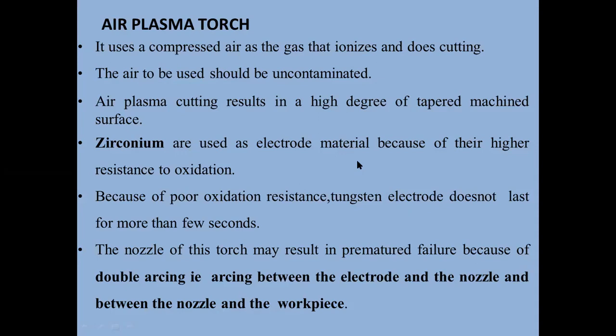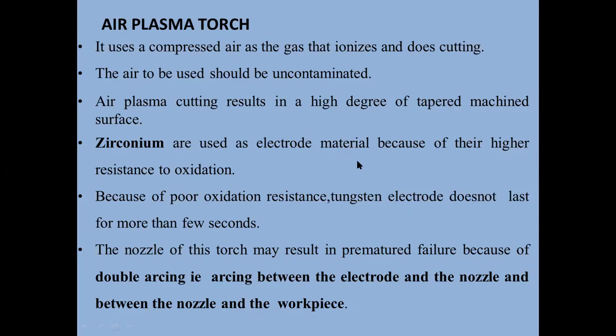At what locations do these two arcs form at a time? There is an arc between the electrode and the nozzle, and between the nozzle and the workpiece. So there is a double arc at these locations, which tries to damage the nozzle. This is the major disadvantage.